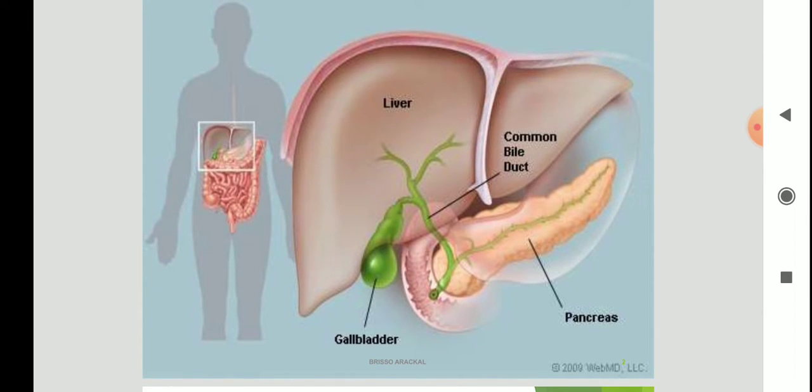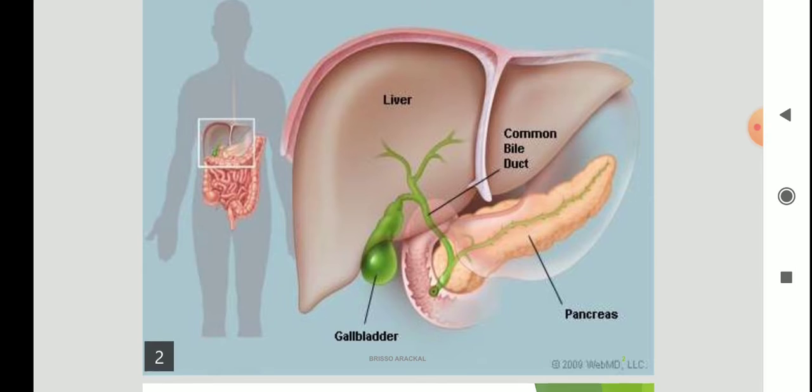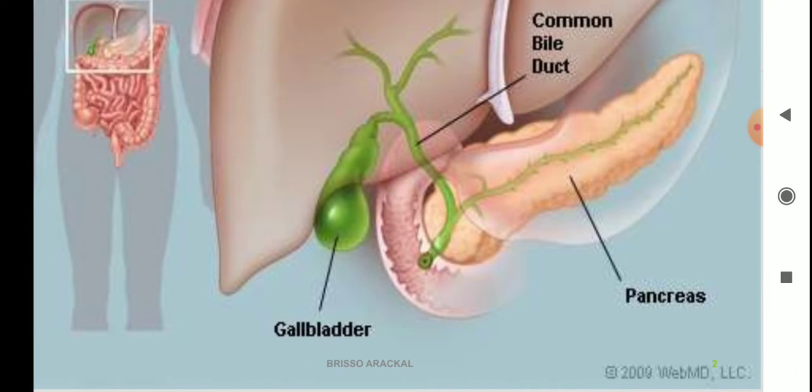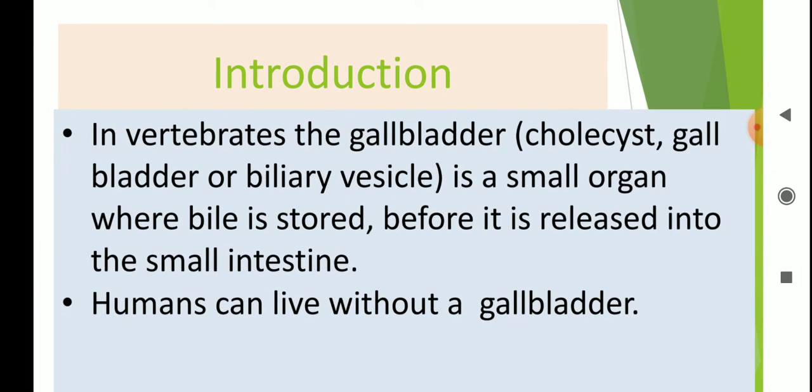You can see there, this is a pear-shaped organ just beneath the liver and near the second part of the duodenum, and near the drainage of the pancreatic secretions. In vertebrates, the gallbladder, the cholecyst, is a small organ where bile is stored before it is released into the small intestine.